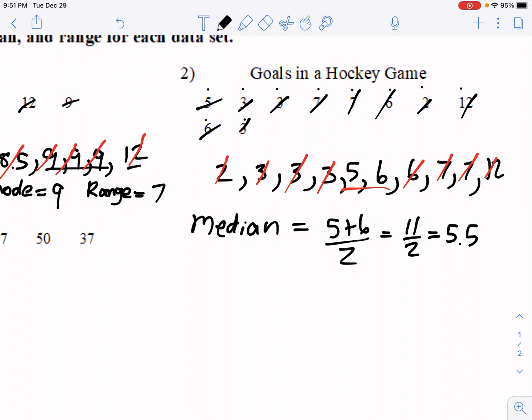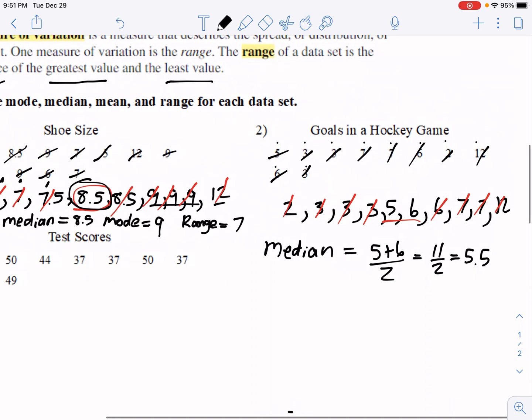Now, if that doesn't work for you, let's say there's like 30 numbers and you just don't want to go through and cross them all out, you could just take n over 2, the number of values there are, find that number and the number that follows right after it, add those two together and divide by 2. So how many numbers did we have? Well, again, we had 1, 2, 3, 4, 5, 6, 7, 8, 9, 10.